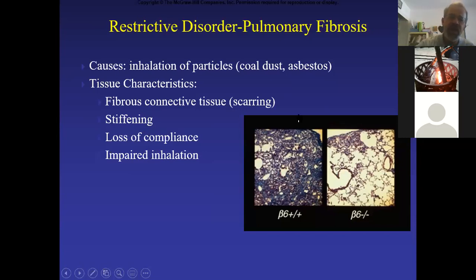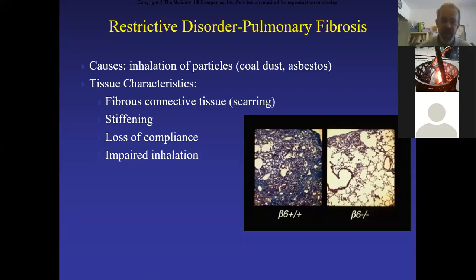What happens is this causes scarring of the lungs. They've lost their elasticity, which means they've lost their compliance. Remember, compliance means the ability to inflate easily. It's very difficult to inflate, so it's very difficult bringing air in.